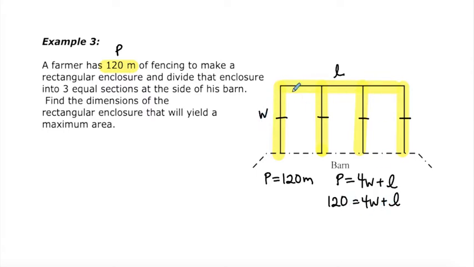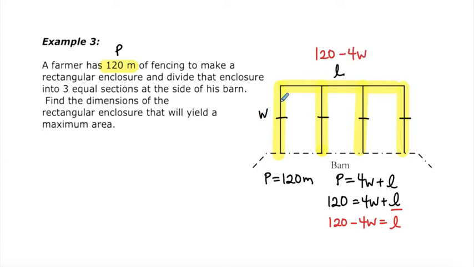So instead of writing an equation that uses W and L, I'm going to rearrange it so that I get L all by itself. So I can express L in terms of W's. So 120 take away 4W will be the value of L. So instead of L, I could write 120 minus 4W. Okay.